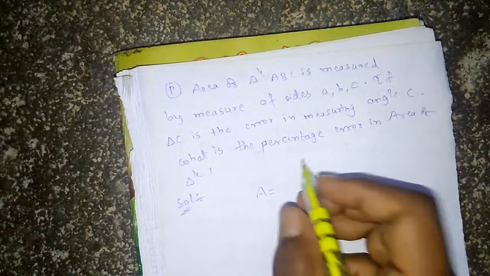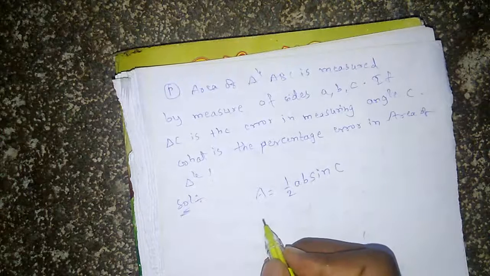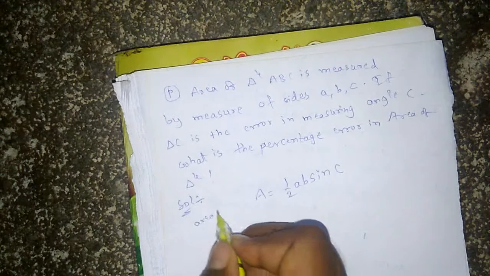Here area of the triangle A is equal to half into ab sin C.